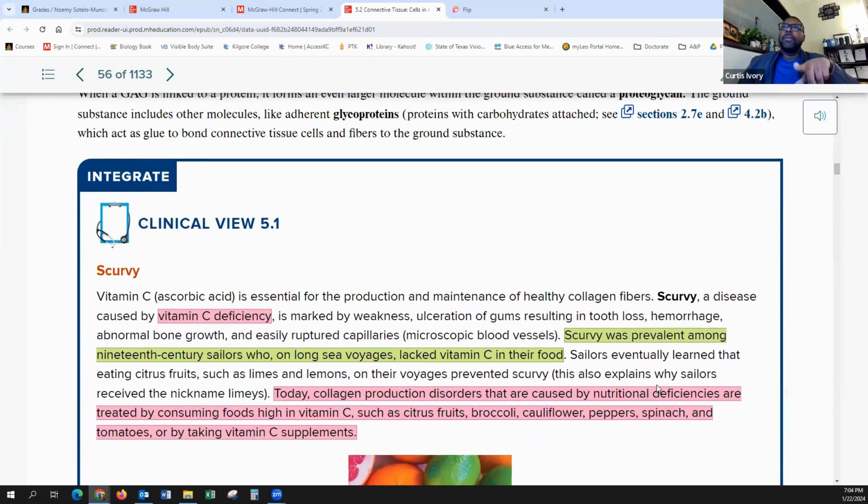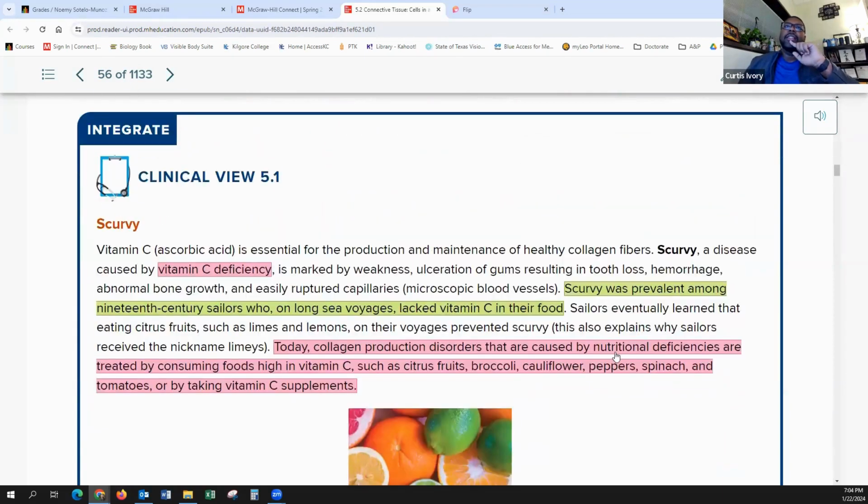So in a clinical view, we can kind of look at some things. So here's a deficiency referred to as vitamin C deficiency. So I always tell my students, take their left hand and make a C, because how this was found, vitamin C deficiency was found in sailors who would be out on long voyages or pirates, and they would notice that if they started getting really sick, and they found out that if they took limes and oranges or citrus fruits, that it would actually stop or counteract those symptoms.